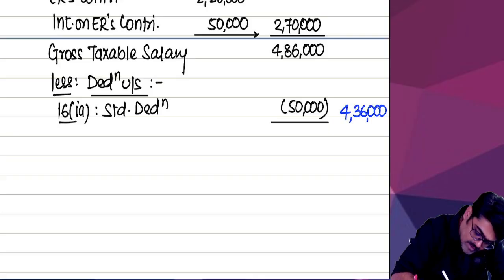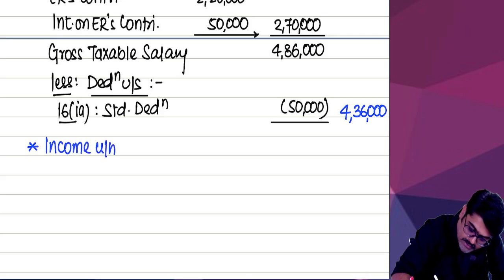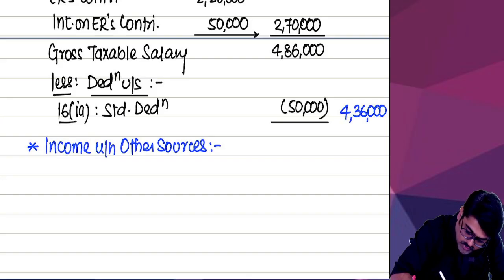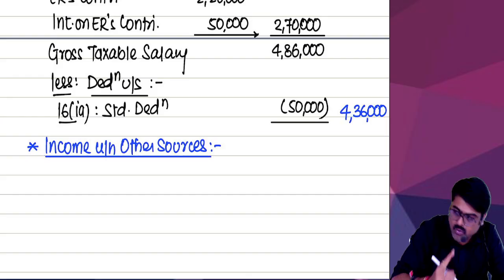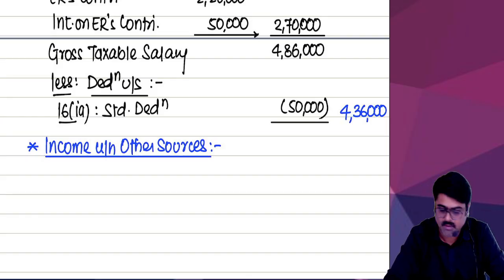So the next head will be again in blue color: income under the head other sources. Under the head other sources, only one income is there. What is there?